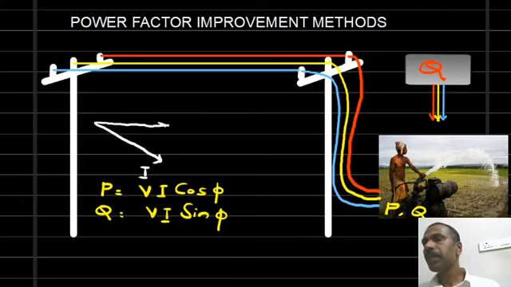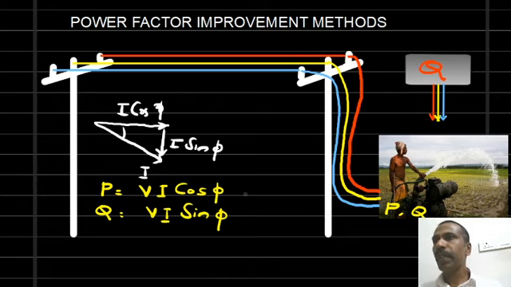This is your I cos phi term, and this is your I sin phi term. So I cos phi is the active component of the current, and I sin phi is the reactive component of the current. I cos phi will make active power and I sin phi will make the reactive power.